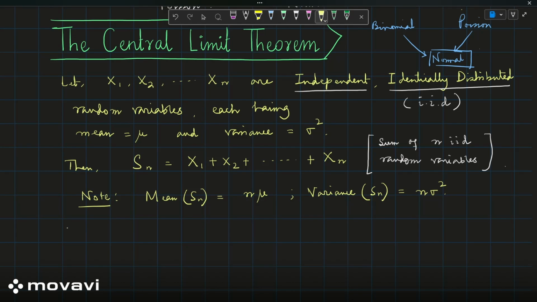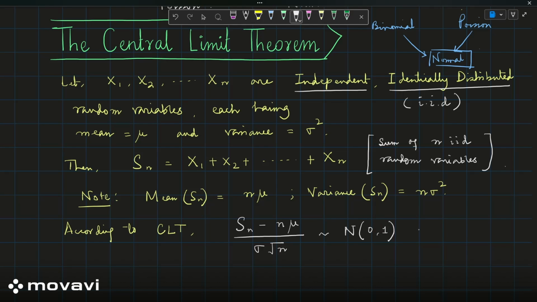Now according to the central limit theorem, CLT, Sn minus the mean of Sn, that is n mu, divided by the standard deviation, which is sigma root n, follows a normal distribution with mean 0 and variance 1, and this happens as n tends to infinity.